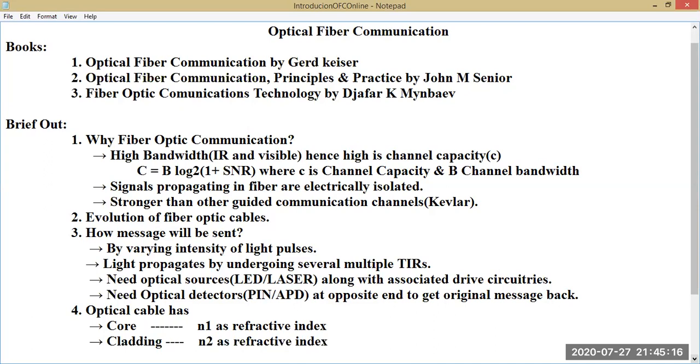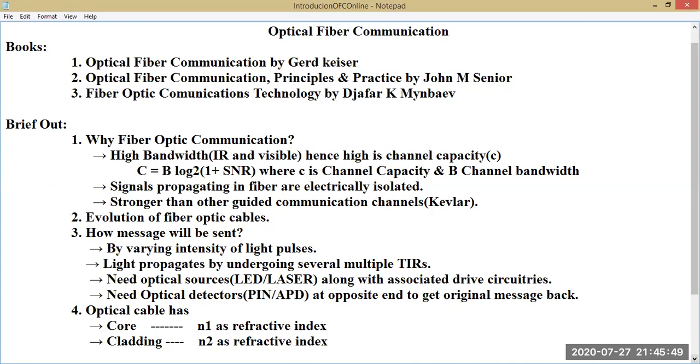And we know that between these two parameters a relation exists, and that relation is lambda equals c by f. Therefore, it is clear that wavelength and frequency are inversely proportional. So you can express the bandwidth of any communication channel in frequency, or else in terms of wavelength. But in the case of optical fiber cables, we prefer wavelength over frequency.